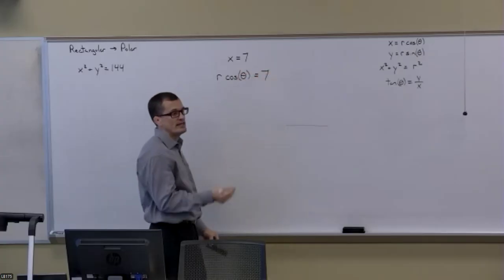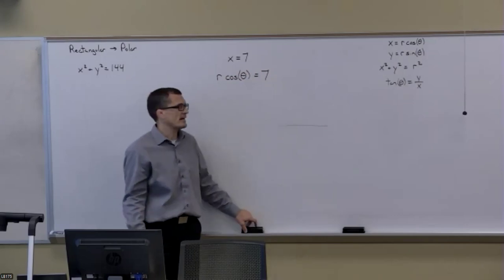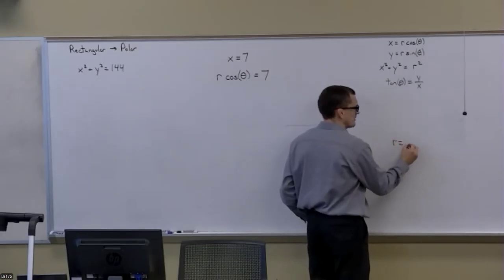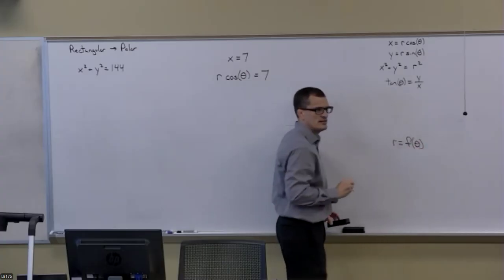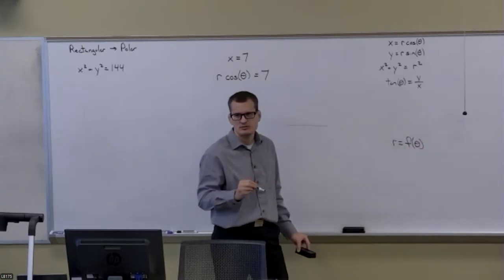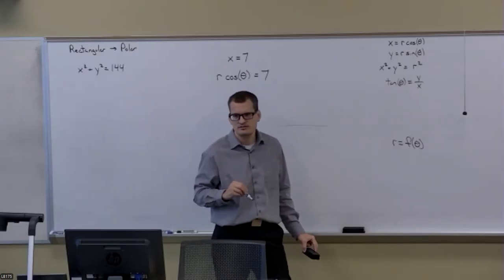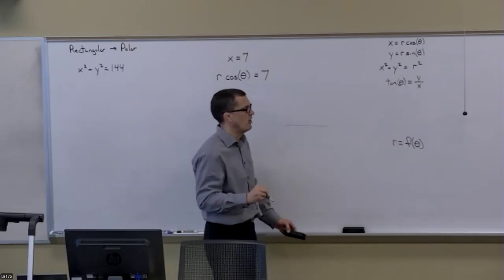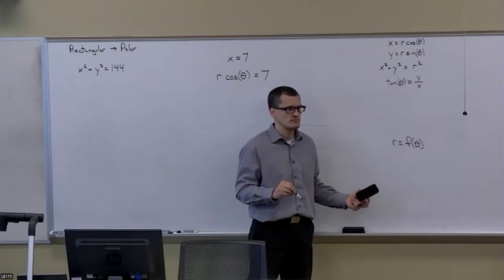And now I have an equation involving r and theta. Now, like I said, generally speaking, we usually write polar in this format where r is equal to a function of theta. That's the standard format for polar equations. Just like y is equal to a function of x is the standard format for rectangular equations. Not all polar equations can be written this way, but if we can, we'd like them written that way.